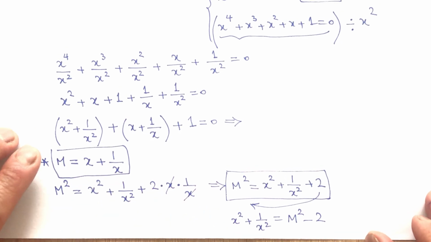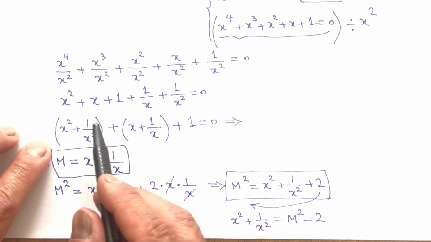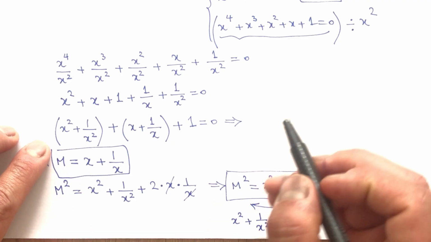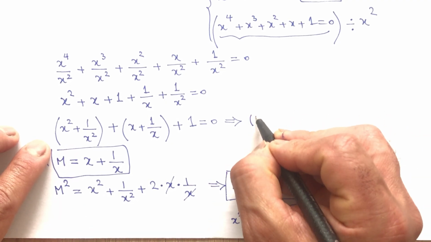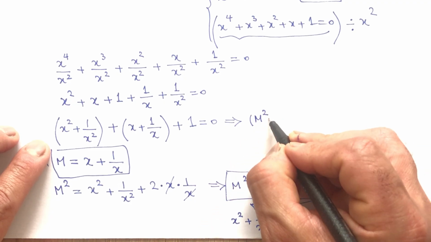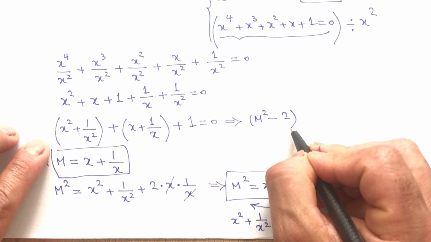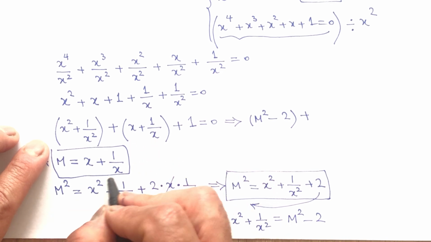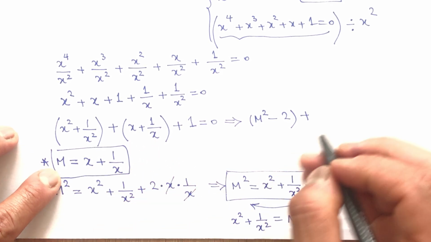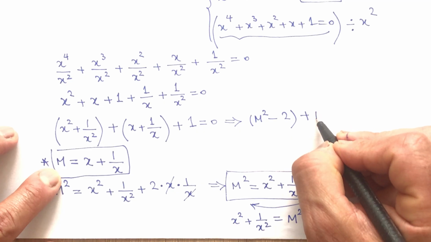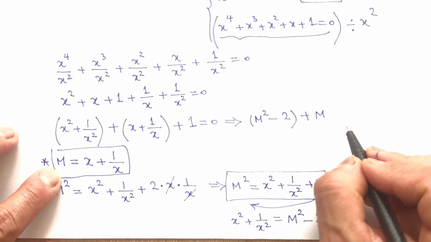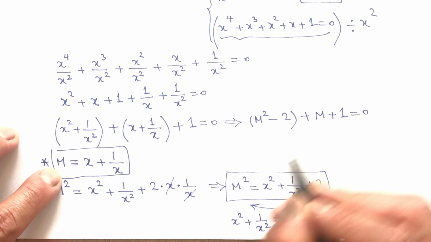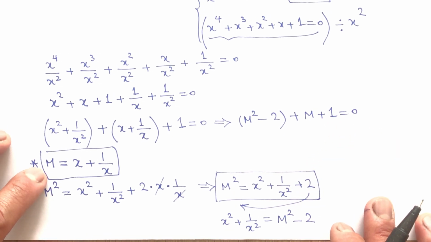So for here, I can replace m squared minus 2 with this parenthesis, m squared minus 2 plus, and the other parenthesis is exactly the parameter of m, so I just write m plus 1 here equals 0.